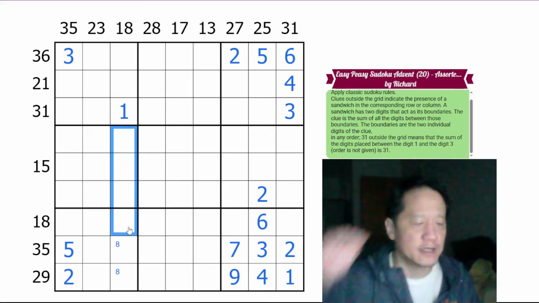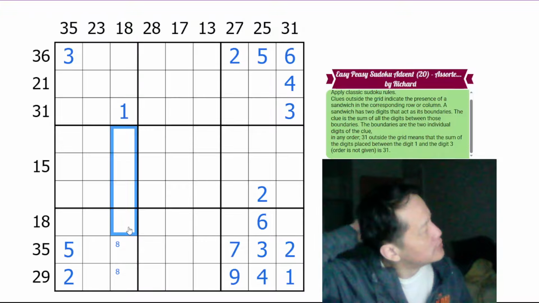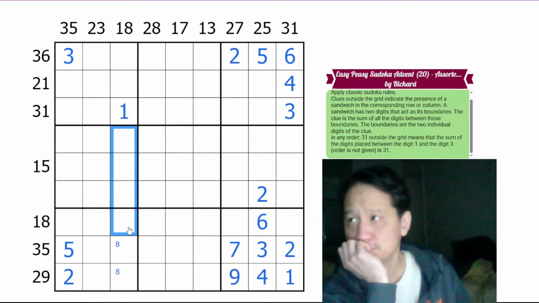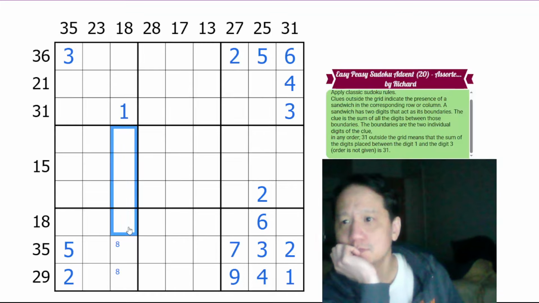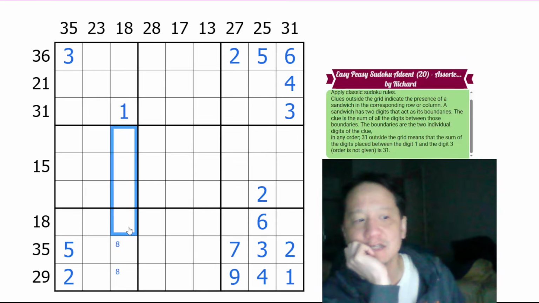Outside of 45 minus 18 would be, so we have 1 and 8 also. So 45 minus 1 and 8 is 36. 36 minus 18 is 18.